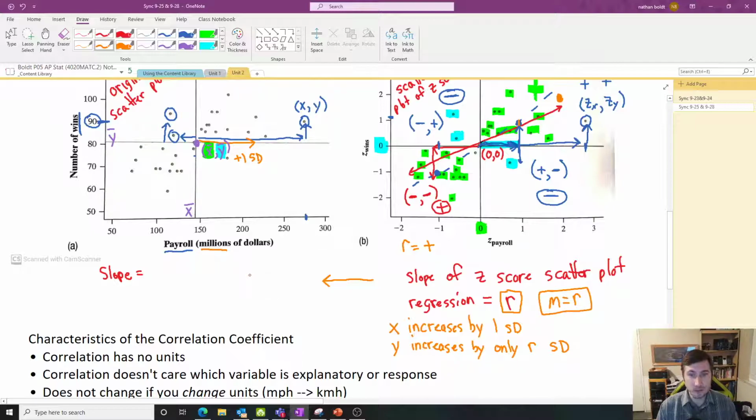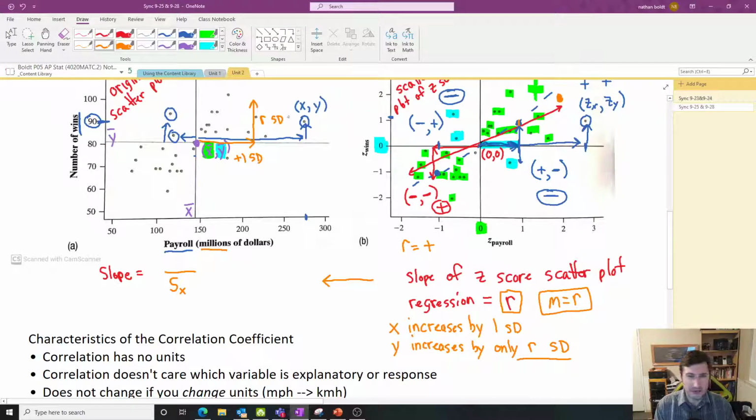Well, I have to multiply by whatever that standard deviation of x is. So when I'm looking at my rise over my run, the run has to be the standard deviation of x. And if I'm going to go up r standard deviations in the y, all right, remember, if we increase by only r standard deviations, that's a change in y.